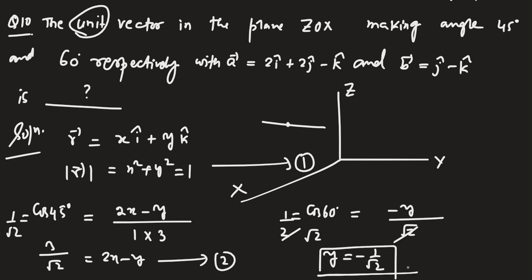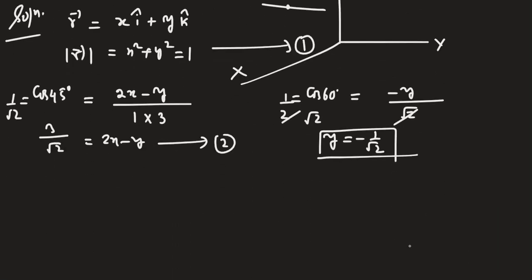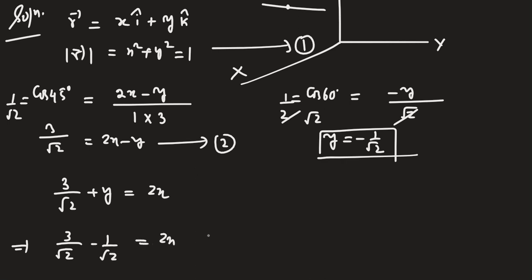So our target is only finding x. So 3 by root 2, I am putting y here, which gives 2x. So 3 by root 2, y is minus 1 by root 2, and then 2x. So 2x equal to 2 by root 2, that means root 2 only. x is equal to root 2 by 2, 1 by root 2.